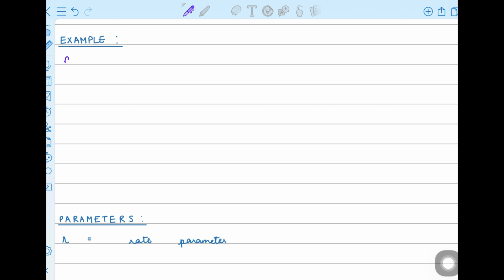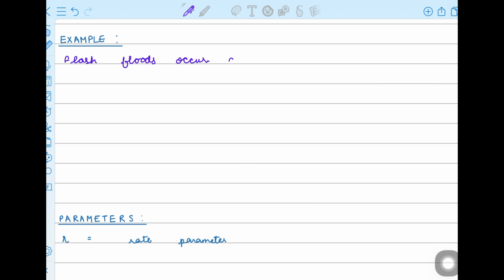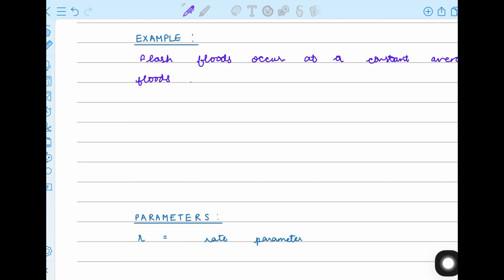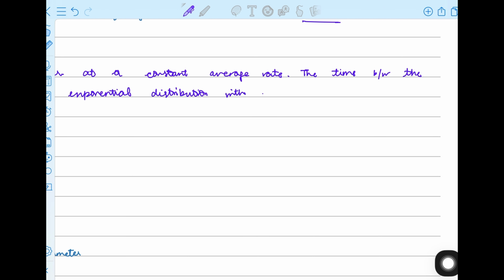For example, flash floods occur at a constant average rate. The time between the floods follows an exponential distribution with a mean of 20 years.